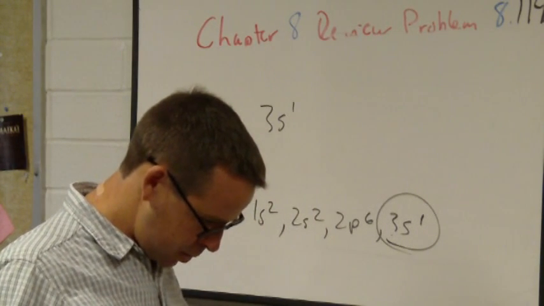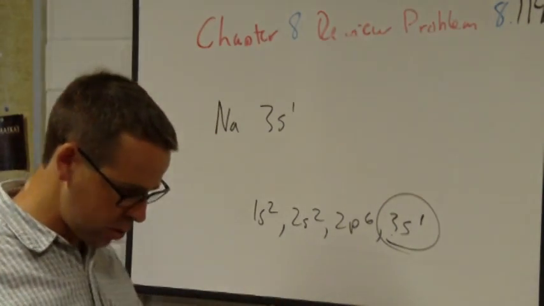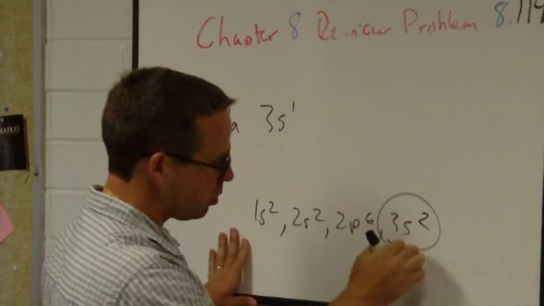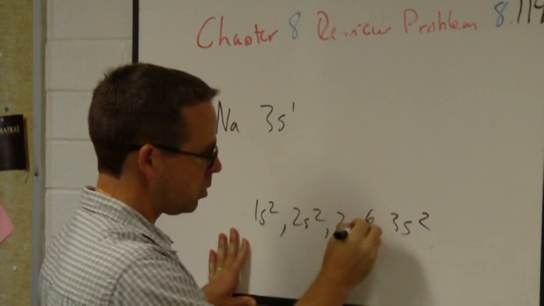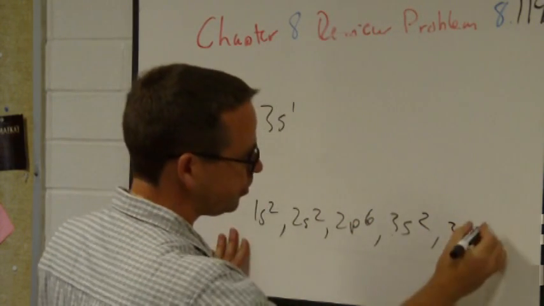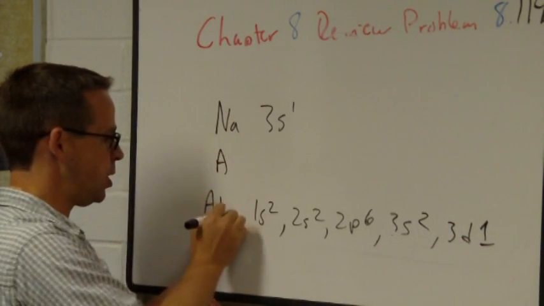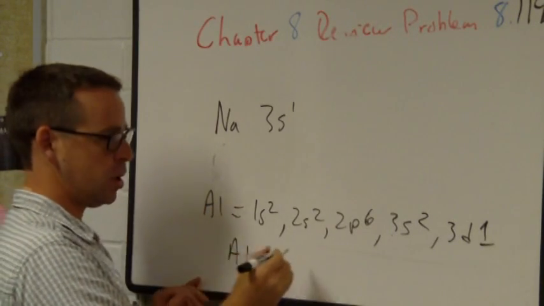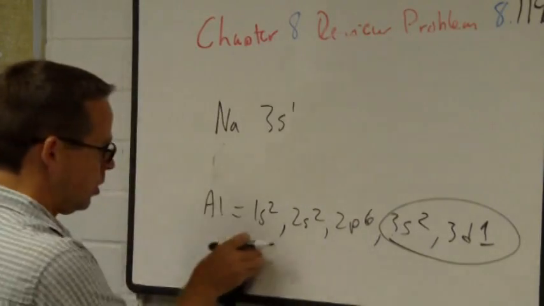So for aluminum, we have electron configuration of 1s2, 2s2, 2p6, 3s2, 3p1. So the electron configuration for aluminum is here, and the electron configuration for just the valence shell would be that much right there.